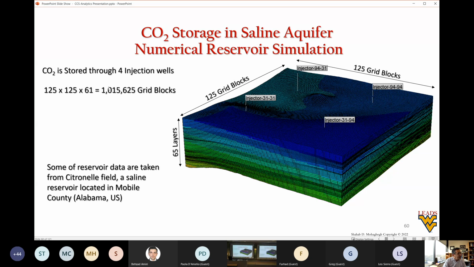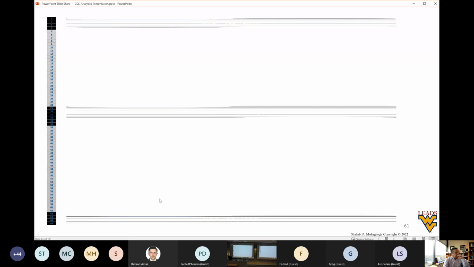When you multiply them together, you have more than 1 million grid blocks. Some of the reservoir data are taken from the Citronelle field. Citronelle is a saline reservoir located in Mobile County in Alabama in the United States. That's where we got the data to build this reservoir.